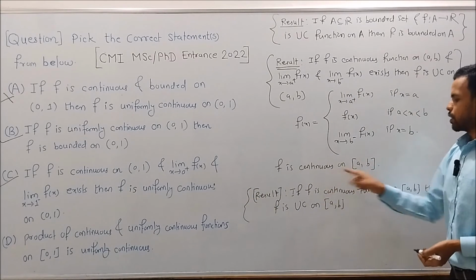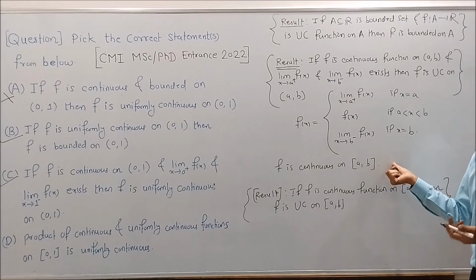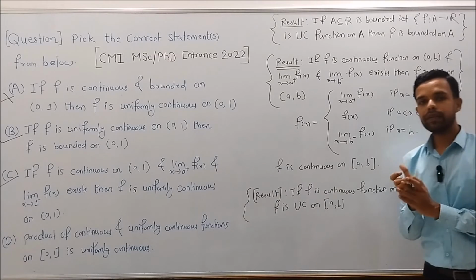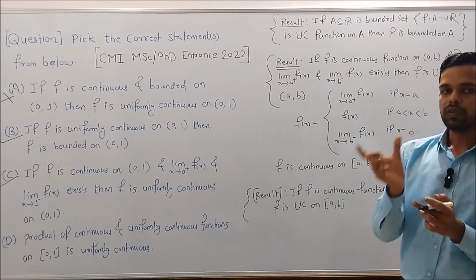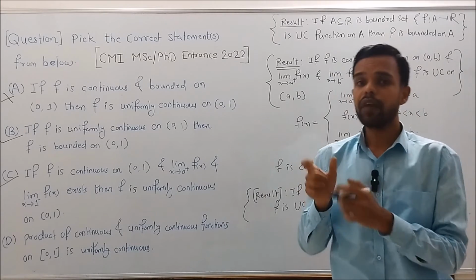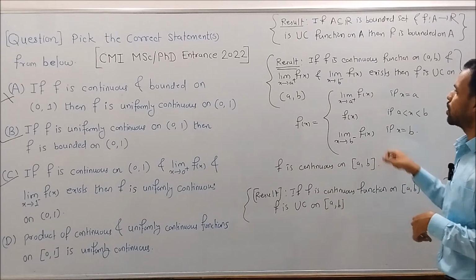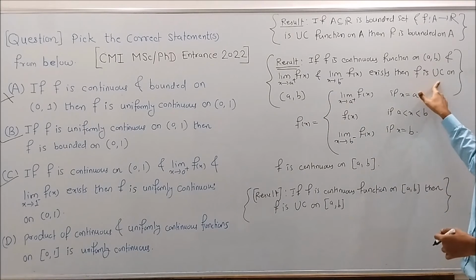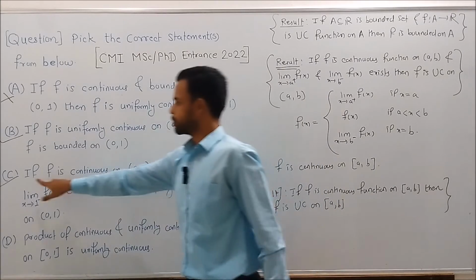Now, as f is continuous on the closed interval [a, b], by this result f is uniformly continuous on it, and so it is uniformly continuous on every subset of the closed interval [a, b]. So it will be uniformly continuous on the open interval (a, b). So this proves this result, and from this result option C is true.